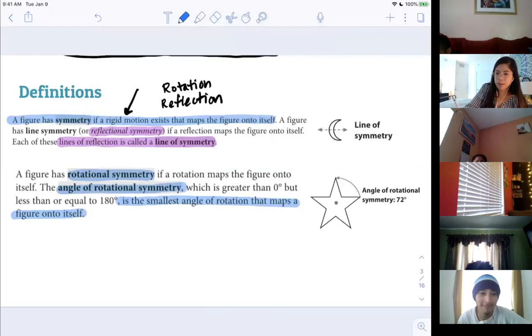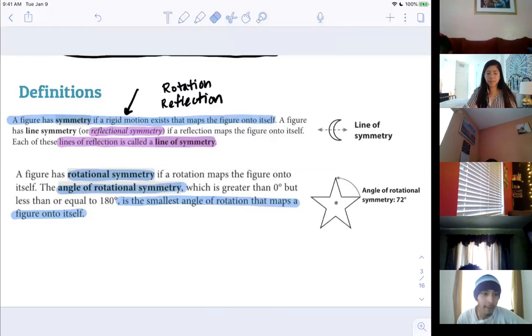So up and down or left to right? Up and down. So if I draw a line right down the middle, up and down, and fold that star in half along that line, my left side and my right side would line up together. So the star also has reflectional symmetry. It has both. So different shapes are going to have different types of symmetries.